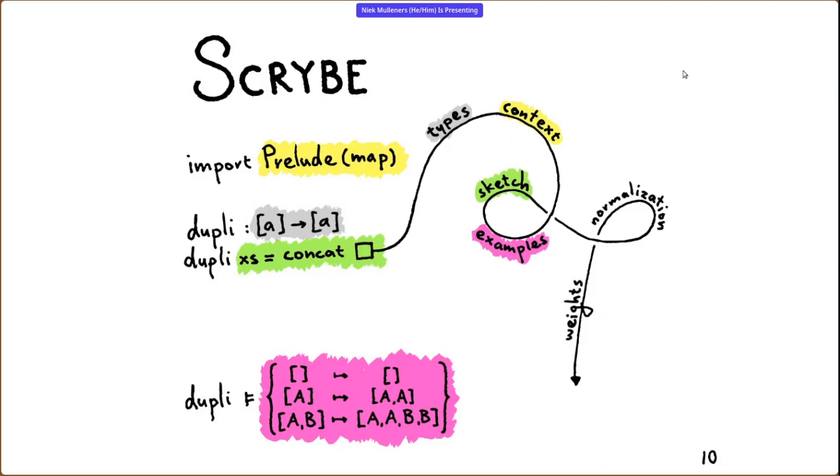And furthermore, we can add weights to the context, so the different functions that are in scope, we can give them some weight, and this means that some program paths will be explored earlier in the search, allowing us to get some more control over what programs will be synthesized. And with all this together, Scribe is able to give a solution like this one.